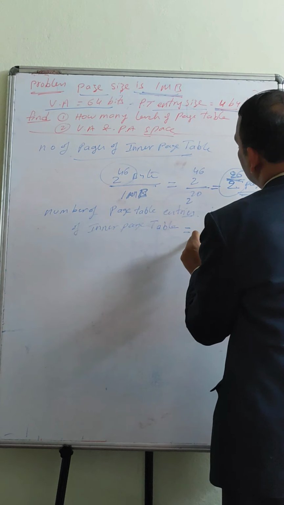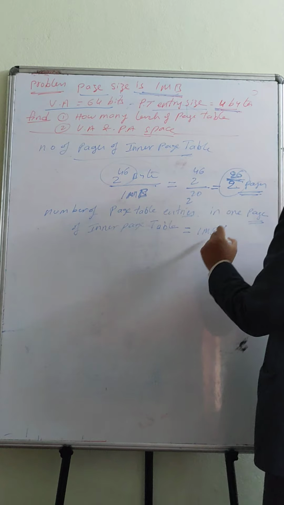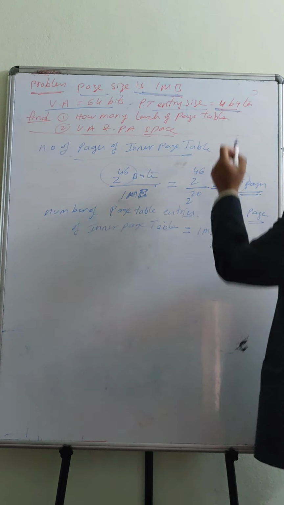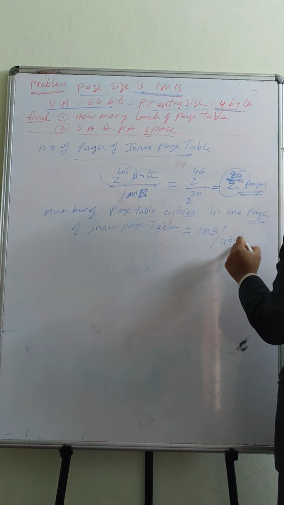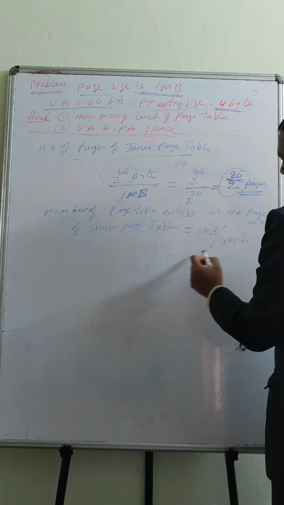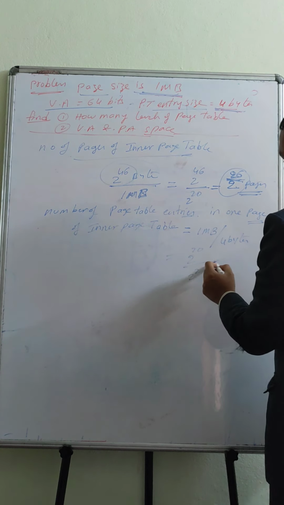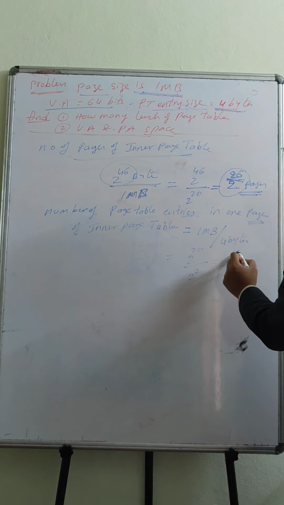This is equal to the page size, 1 MB, divided by 4 bytes, since each entry is represented with 4 bytes. It is 2 power 20 by 2 power 2 bytes, which gives 2 power 18.